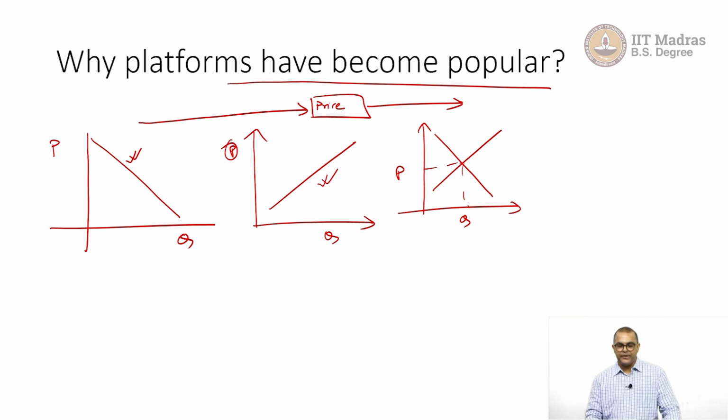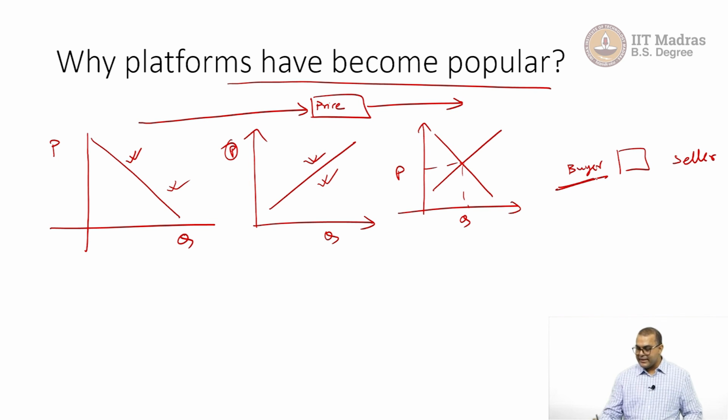But when we talk about platform business, these two cannot be separated. If on a platform one side is buyer and the other side is seller, my buyer's demand depends on the number of sellers and the kind of sellers there are.